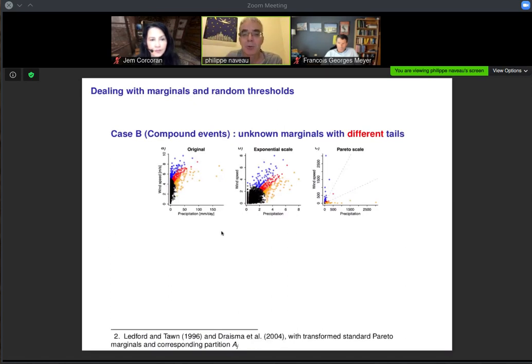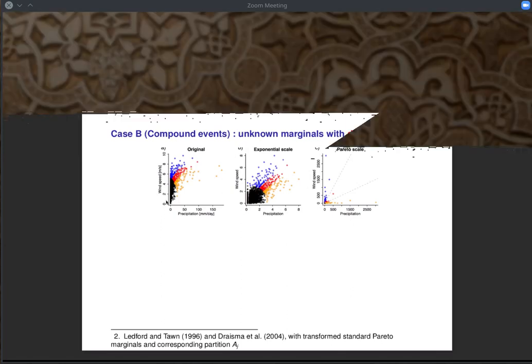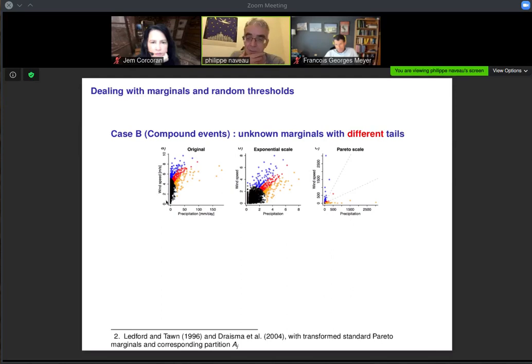So I'm going to also give you another example where, I don't know if you can read it here, I'm moving a little bit away from precipitation. Still the x-axis here is precipitation, but the y-axis is not precipitation anymore. This is wind speed. So now we are in the case where the fact we don't know the marginals has a bigger impact, because it's very easy to see that wind speed has a very different distribution than precipitation.